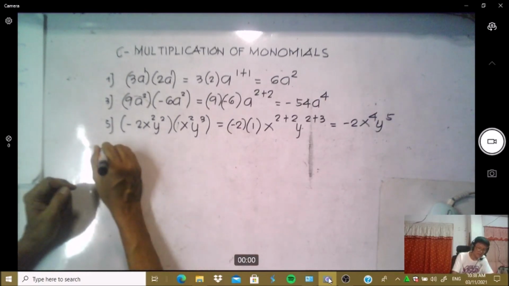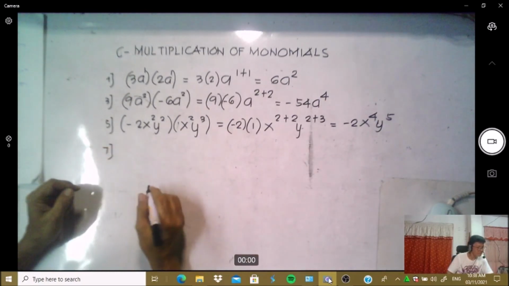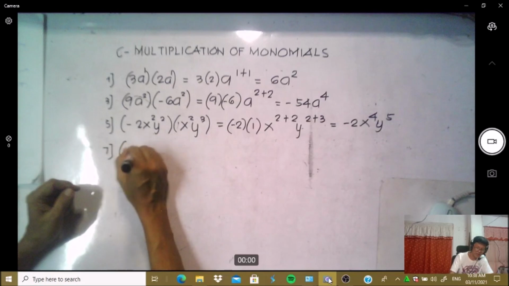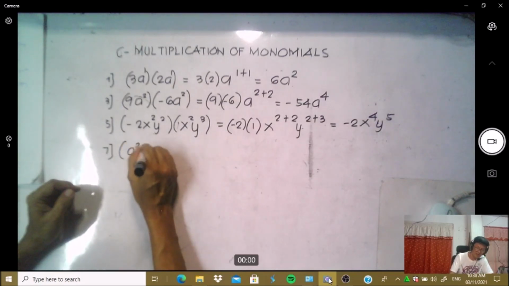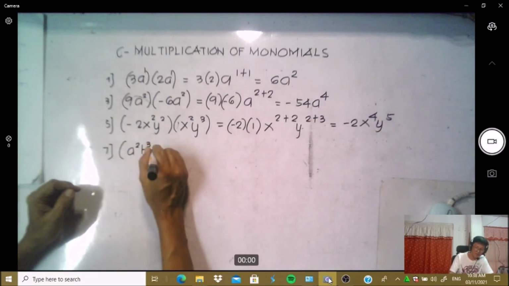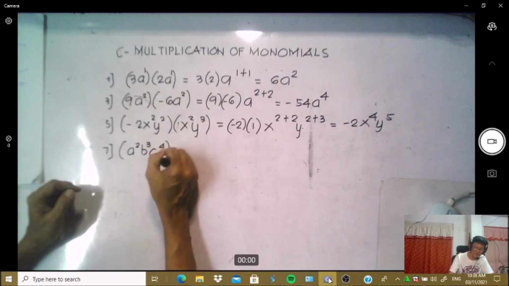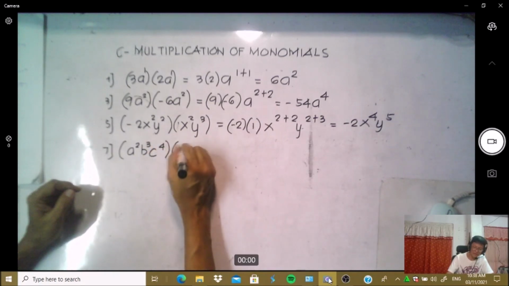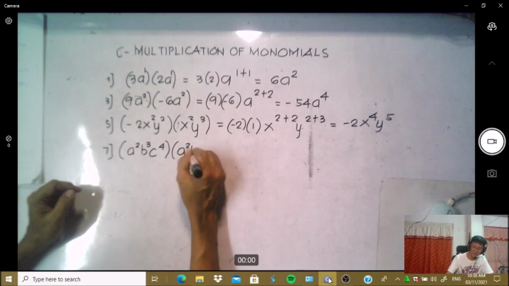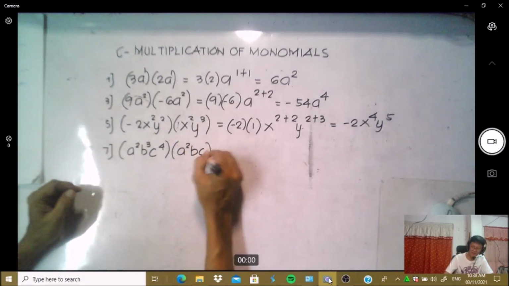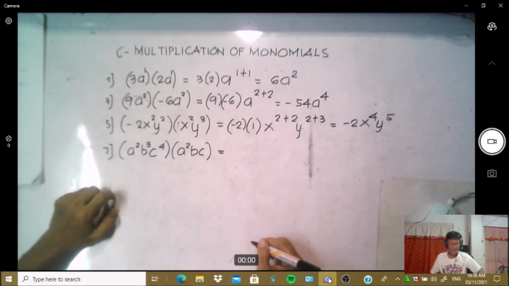Okay, and for number 7, we have a squared, b cubed, c raised to the 4th power, multiplied by a squared, b, c. Okay, since we do not have a coefficient, it is understood that the product is 1.